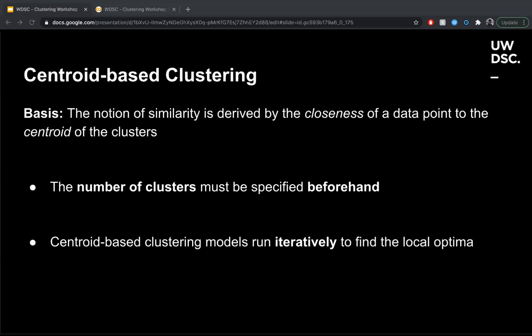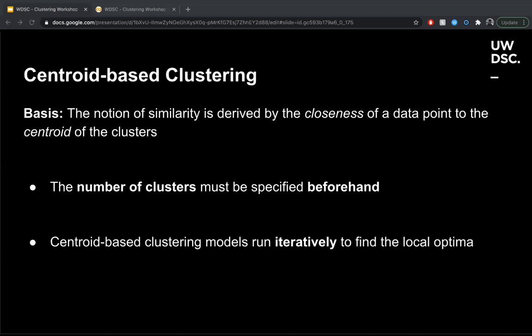Moving on to centroid-based clustering. The basis for this is that the notion of similarity is derived from the closeness of a data point to the centroid of the clusters. I've italicized the word closeness, and you might begin to pick up a theme in this workshop that there are a lot of vague terms. The reason I've italicized closeness is that there are many different ways of determining it.